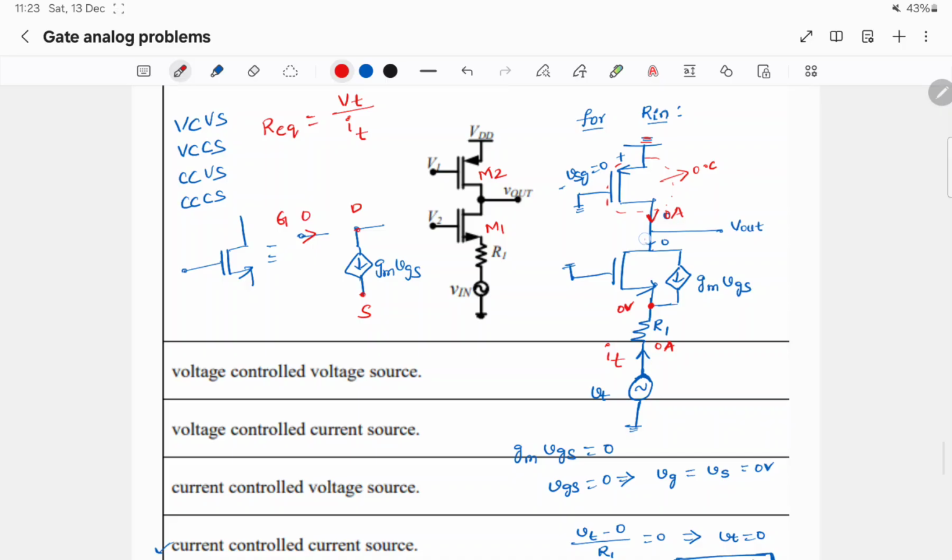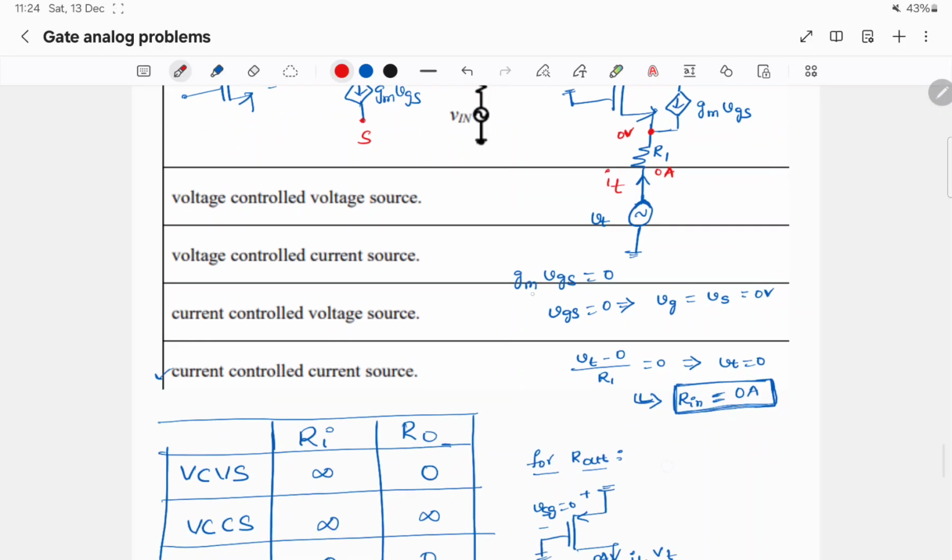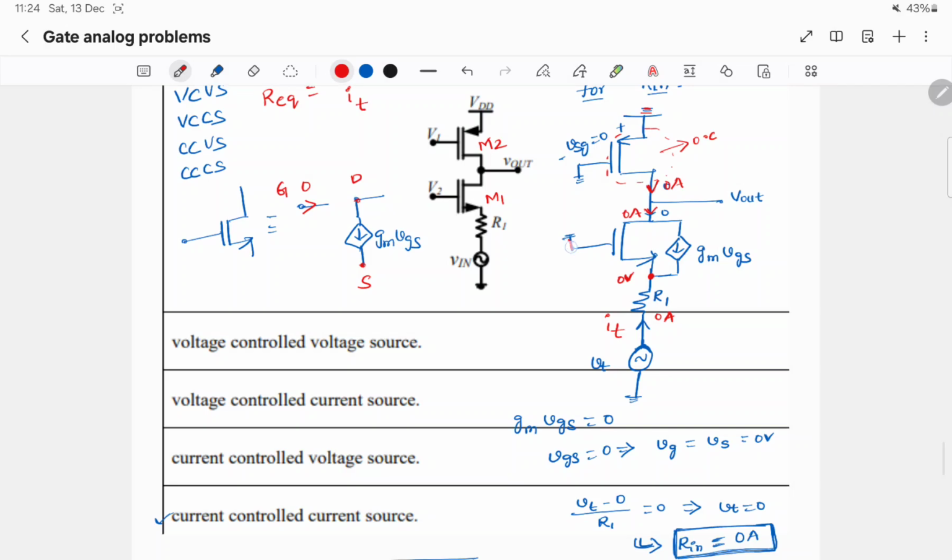So the current flowing here also should be 0 amps. That means GM VGS of this transistor has to be 0. GM VGS should be 0 implies VGS has to be 0. That means VG has to be VS. Here VG is tied to ground, so VS has to be 0 volts.